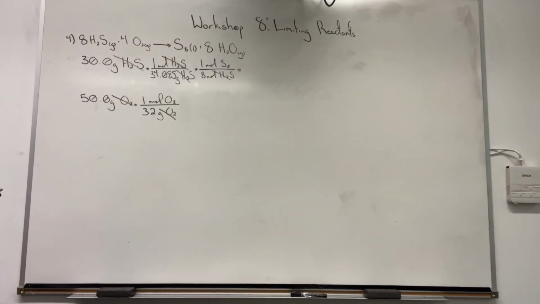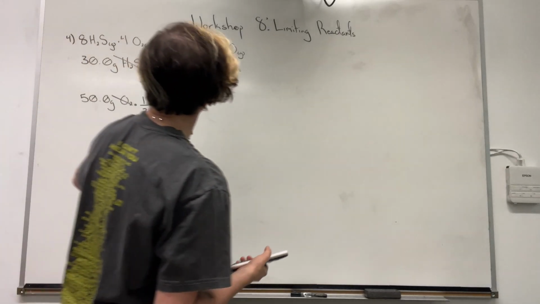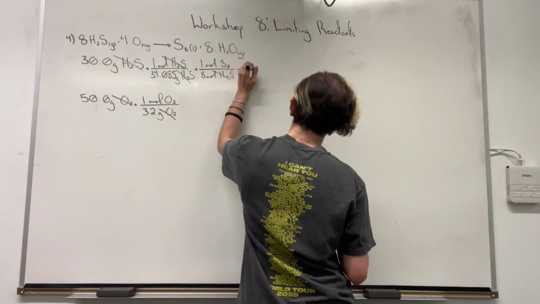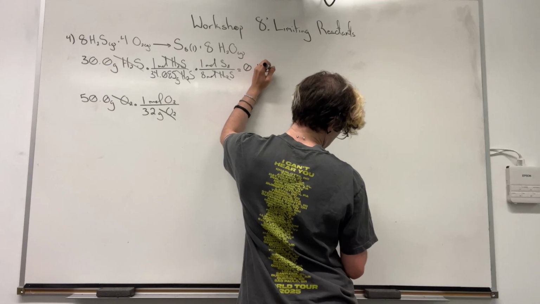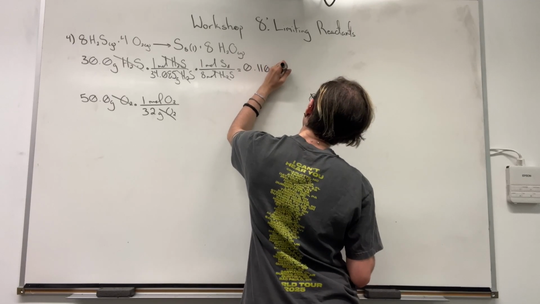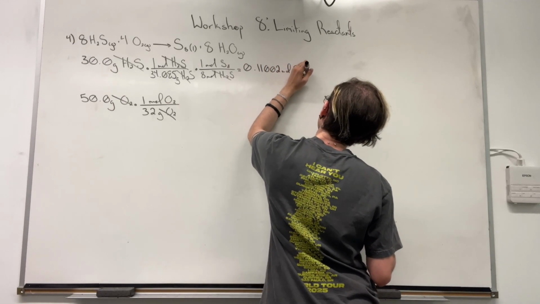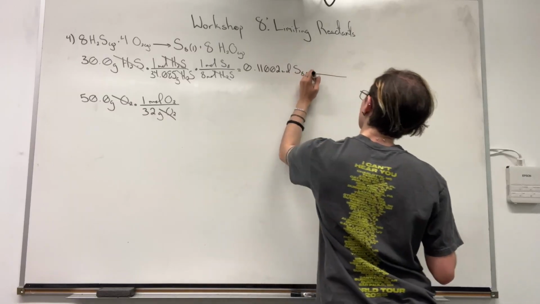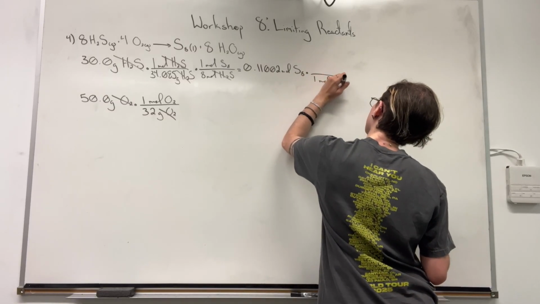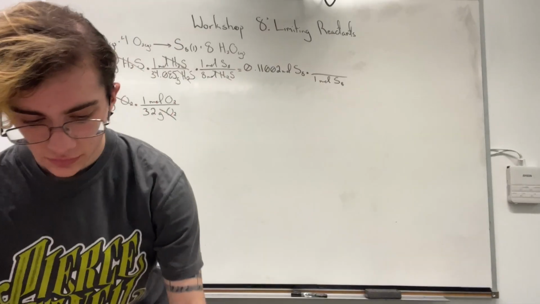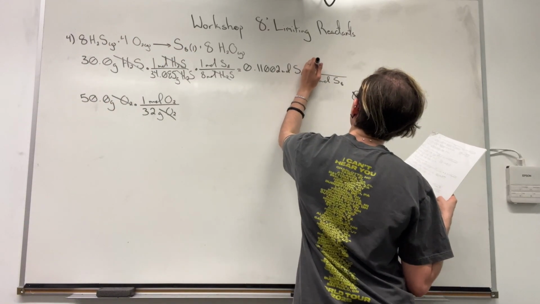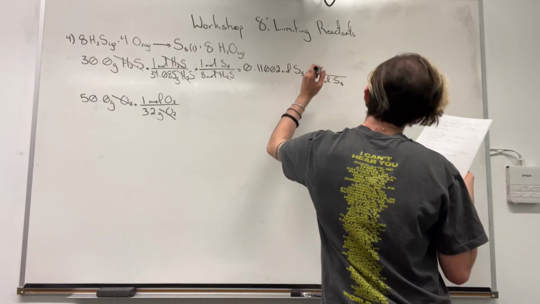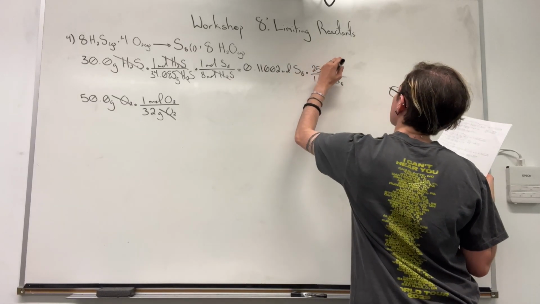(30) divided by the molar mass, and then divided by 8. 30 grams of hydrogen sulfide gas will produce 0.11002 moles of sulfur, and converting that into grams, 1 mole of sulfur has a molar mass of 256.52 grams.